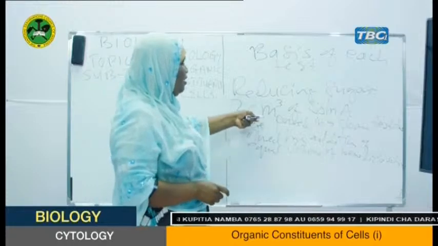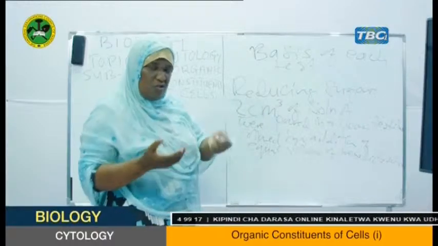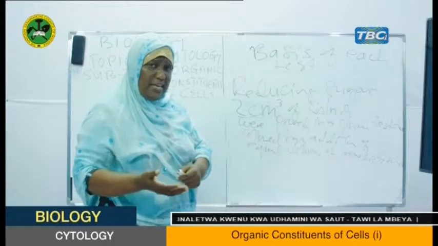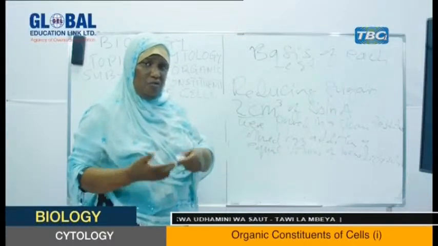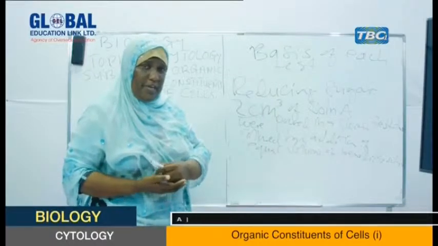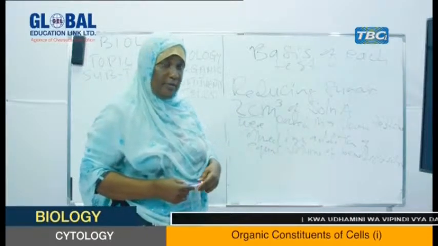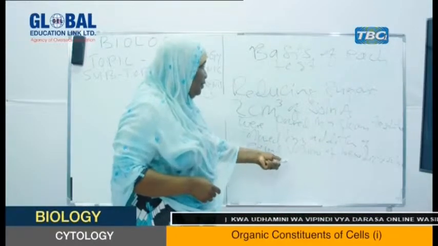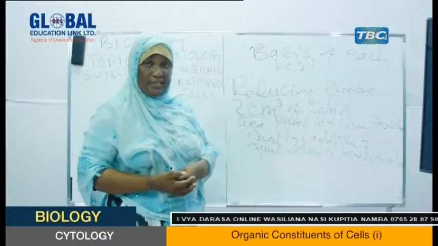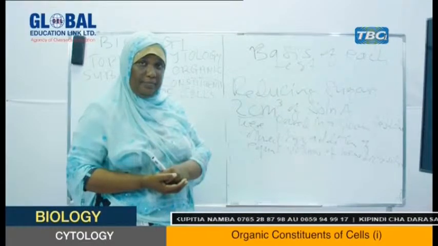Equal volume means you are referring to this volume. You can say equal volume, or you can specify the volume by saying followed by addition of 2 cubic centimeter of Benedict solution. After adding, you are required to boil. Then the mixture was what? Boiled. The mixture was boiled. You know that.